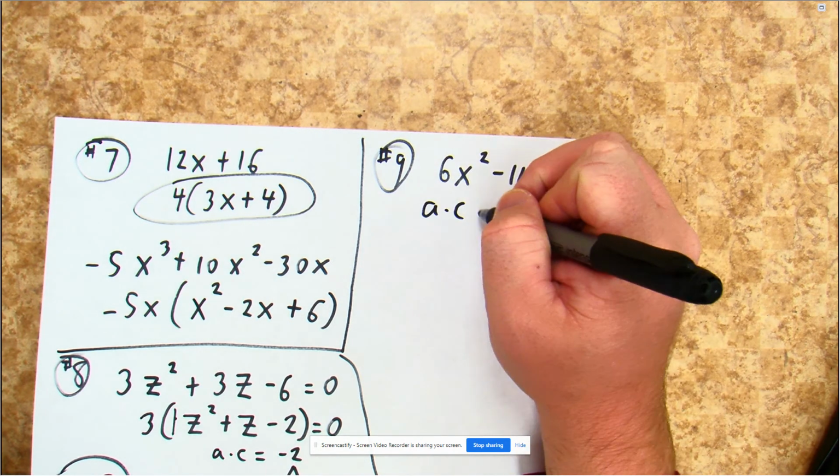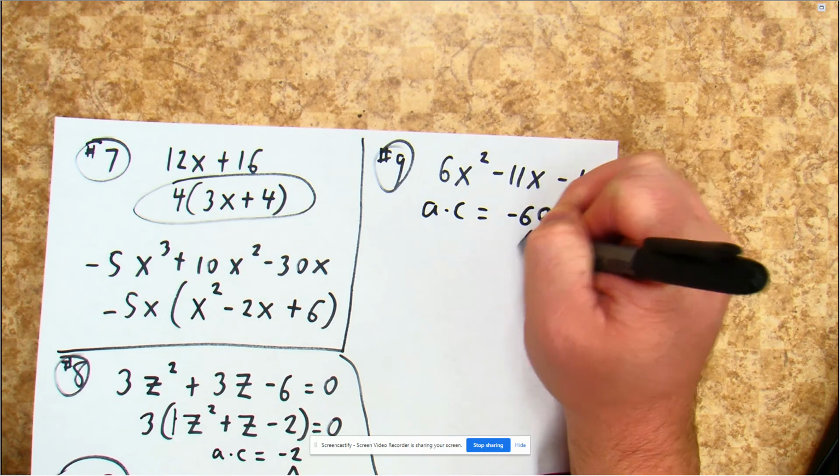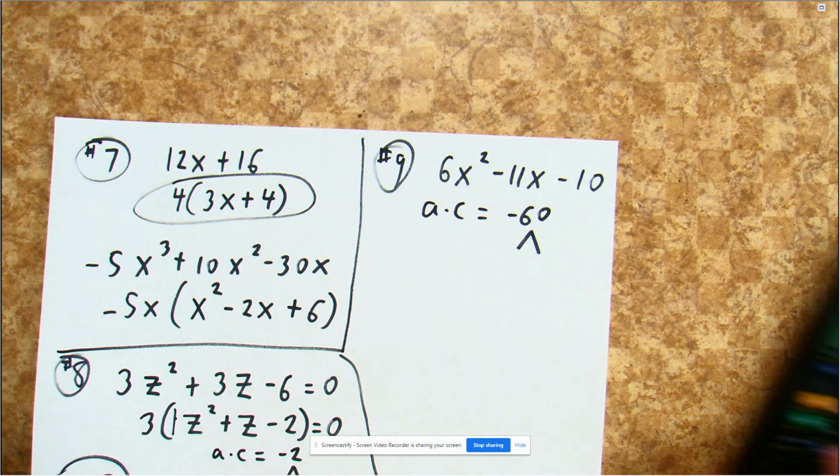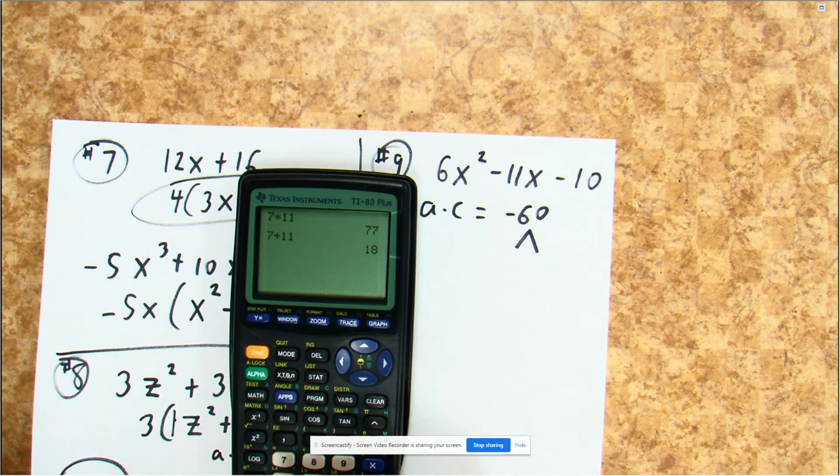A times C is negative 60. I have to find two magic numbers that multiply to negative 60 and at the same time add up to negative 11. Now that may seem a bit daunting, but after a little bit of investigation, let's see, 60 divided by 6, 60 divided by, no, I already did 12.